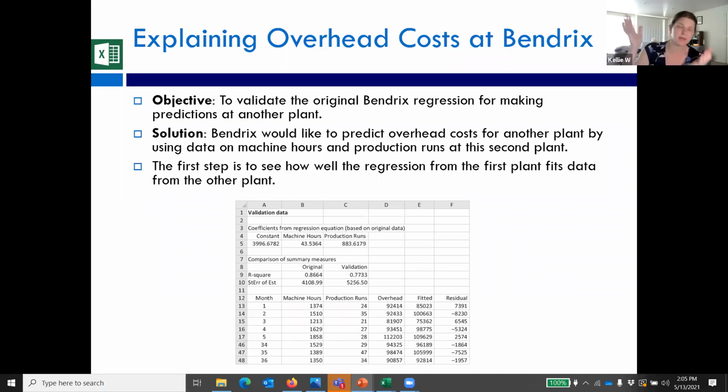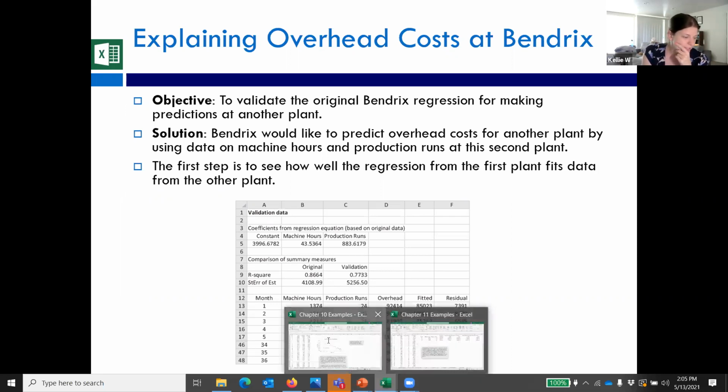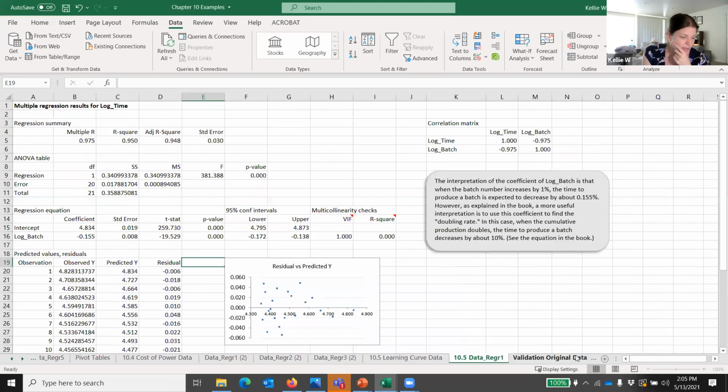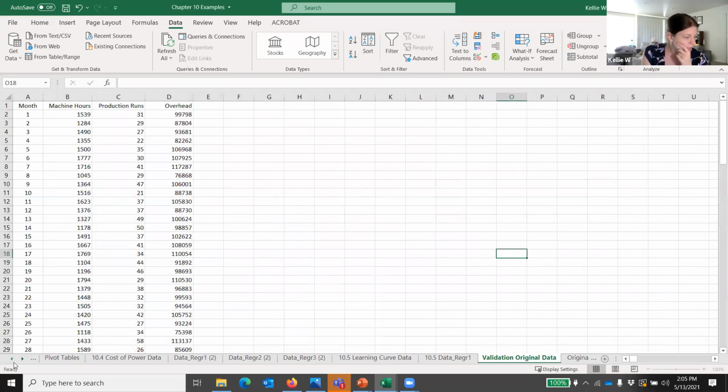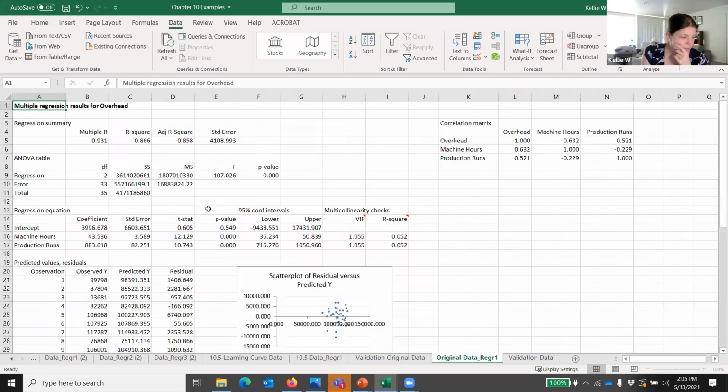We're going to use that regression equation, but sub in the data from the second plant and see how well the regression from the first plant fits the data from the other plant. So if we did that, we'd have our validation data, which they provide here. So they gave us some new data, and then we run our original regression.